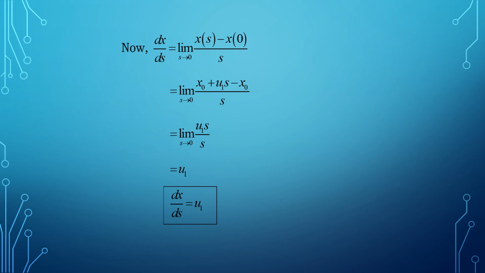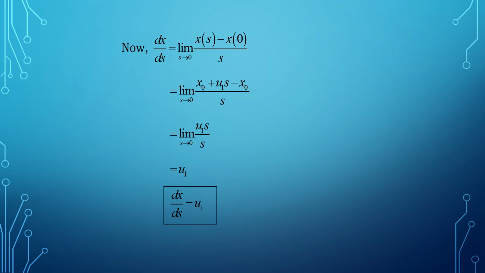dx/ds is nothing but the derivative of x of s with respect to s. We have to use the differentiation formula for a function of a single variable here, because x of s is a function of a single variable s.